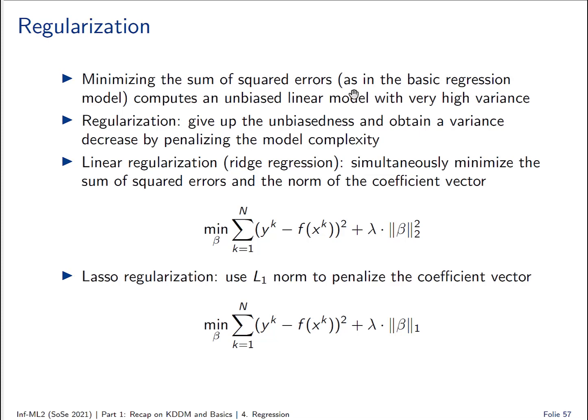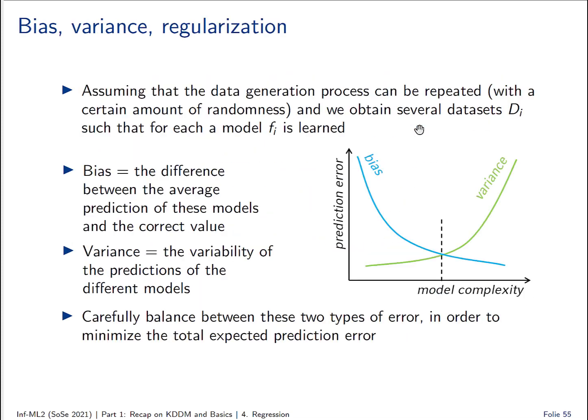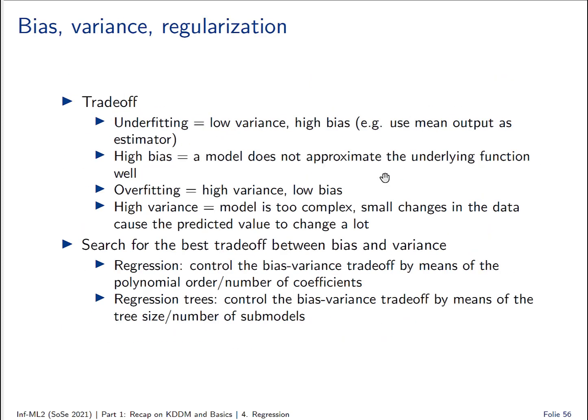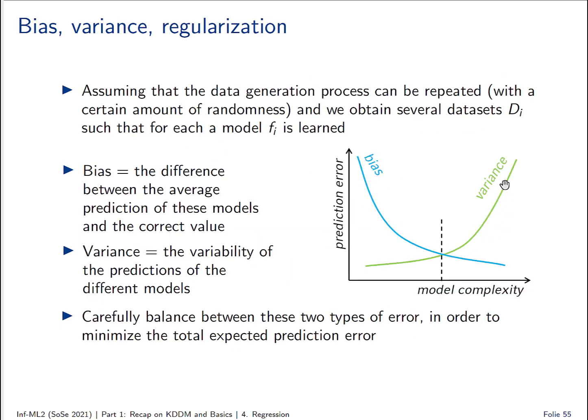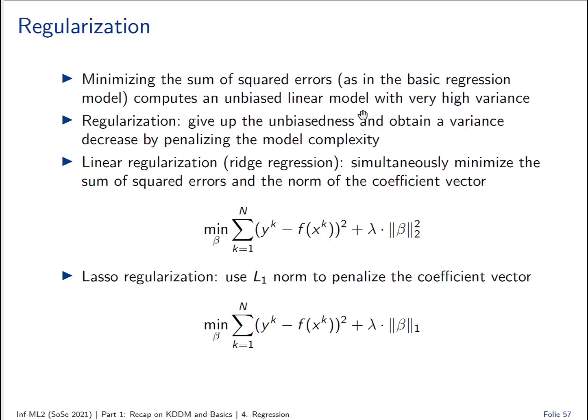And that is in the basic regression model an unbiased model, with a very high variance. So in that case, we have no bias, but a very high variance. And regularization tries to give up this unbiasedness and obtain a variance decrease by penalizing the model complexity.